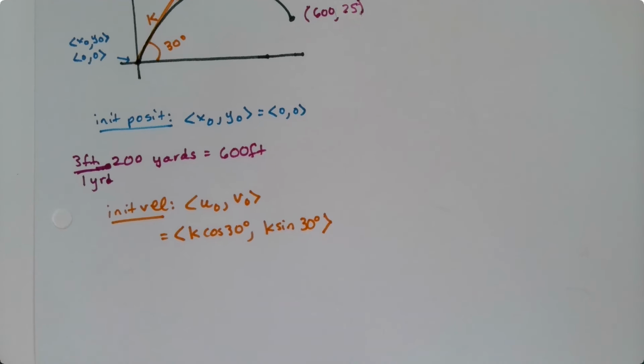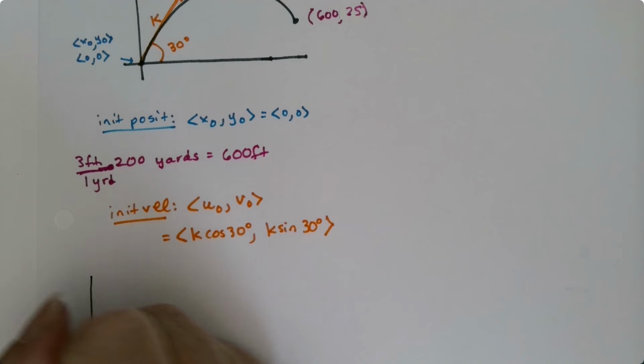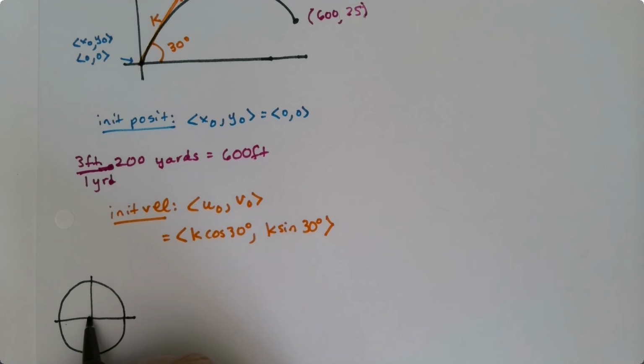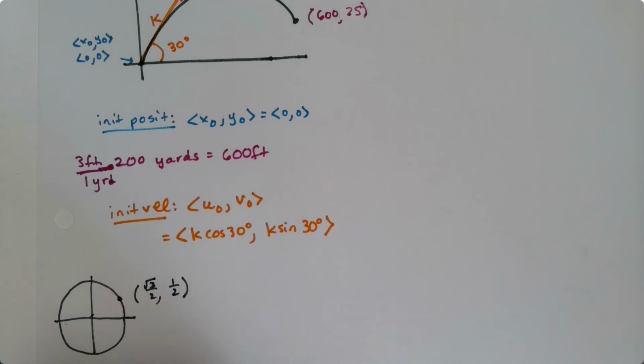Now, luckily for us, the cosine and sine of 30 degrees are known quantities because we memorized our unit circles back in pre-calculus. 30 degrees is the angle that's right here. Right? So it has a cosine value of the square root of 3 over 2 and a sine value of a half, right? Because it's pi over 6.